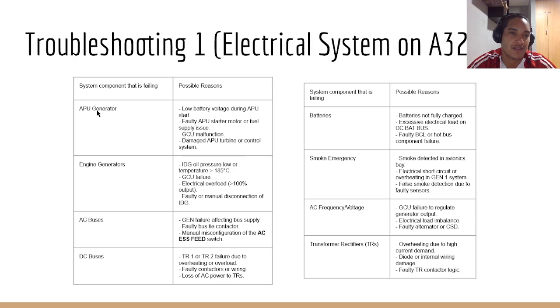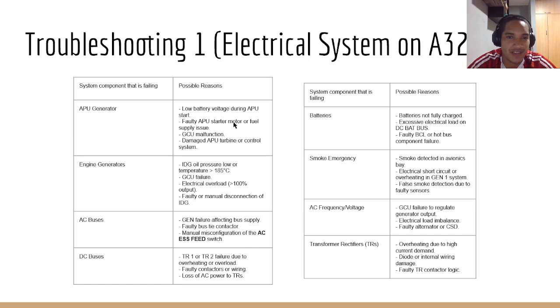For example, in the APU generator, if the electrical generation of the APU fails, it could be low battery voltage during APU start, because if the APU doesn't start, it doesn't generate energy.